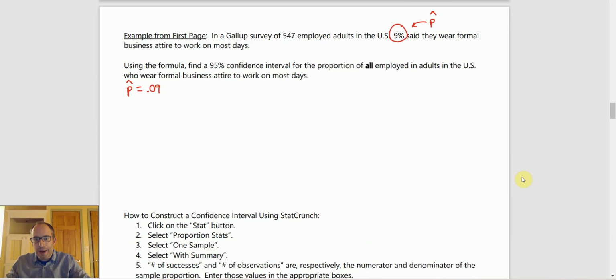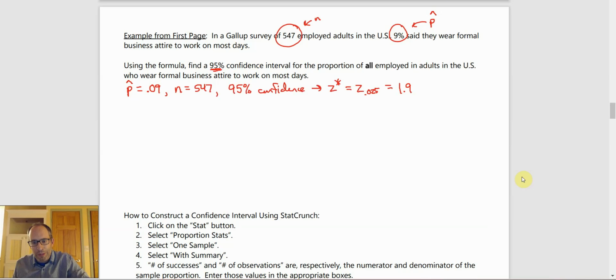Then we need n, the sample size. So p hat's 0.09, n is 547. And the other thing is right there, that 95% confidence level. With 95% confidence, z star, or z with a subscript of 0.025, whatever notation you want to use, either way it's 1.96.